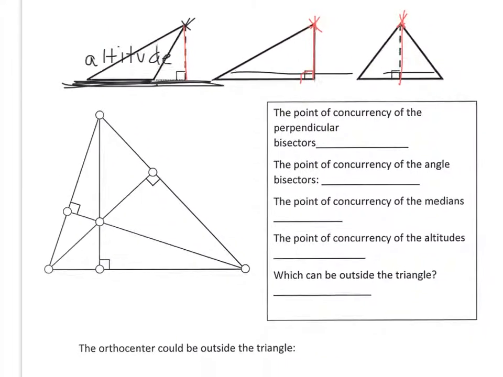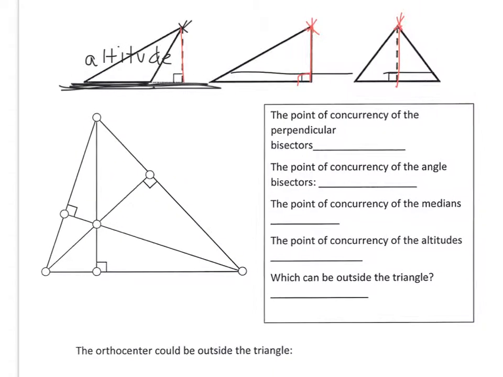So right here is an example. This triangle on the left is showing altitudes because it's going from a vertex perpendicular to the opposite side. This looks very similar to the circumcenter, so let me draw an example of what the circumcenter would look like. The circumcenter was not only perpendicular, but it was also a midpoint.